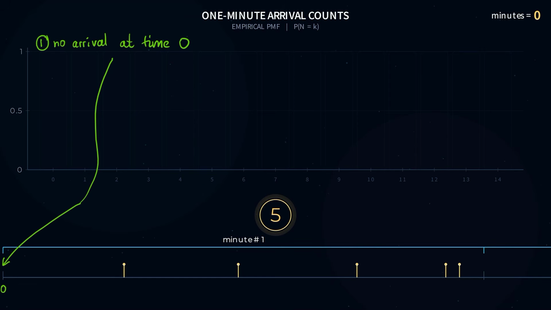Of course, we have a continuous time axis here, and the probability of there being an arrival at exactly time 0 would be negligible, and we're just stating that formally because we need it as a technical requirement. So state it. Now let's move on to the more important ones.